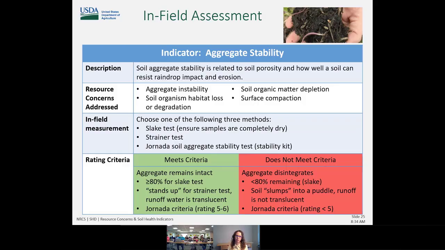There are 3 methods that can be used to conduct an in-field measurement of soil aggregate stability: the Slake test, the strainer test, and the Jornada aggregate stability test in their stability test kit.